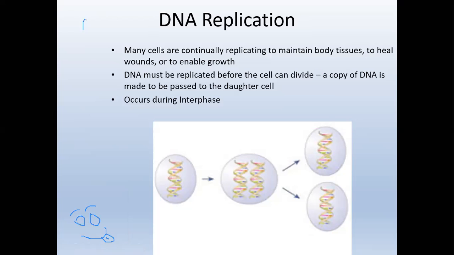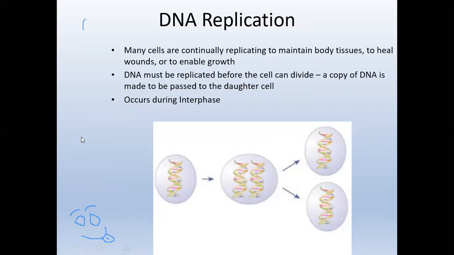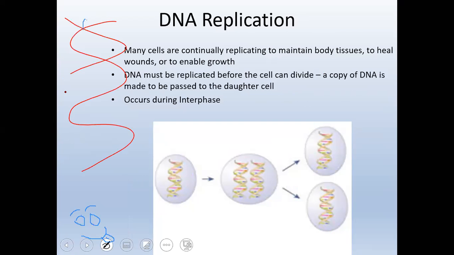As I am unzipping my DNA and I have these 2 strands and I'm reassembling the DNA, one of them is a lot smoother than the other. So my one DNA is going to unzip, and as it's unzipping, I am just filling it in.